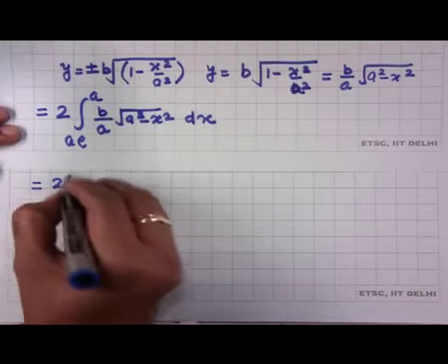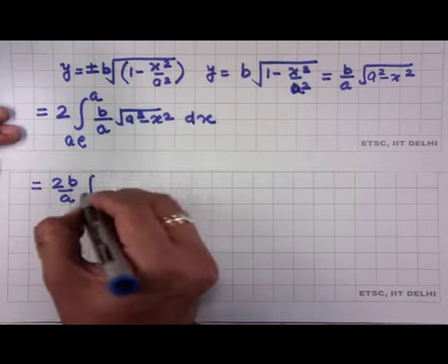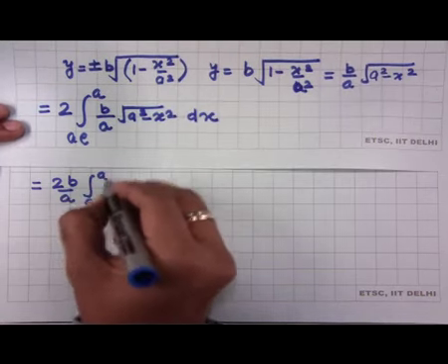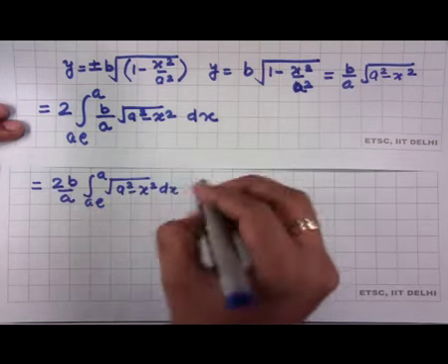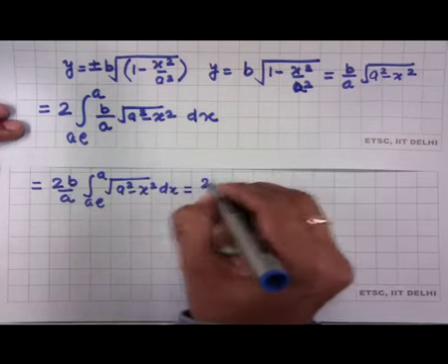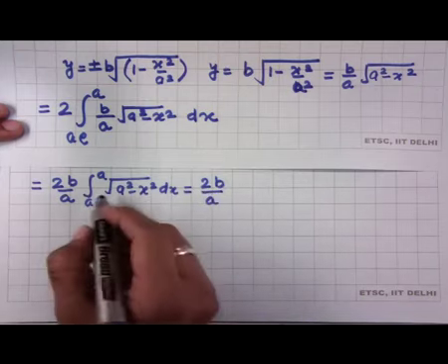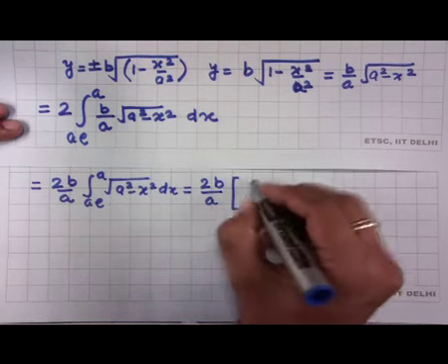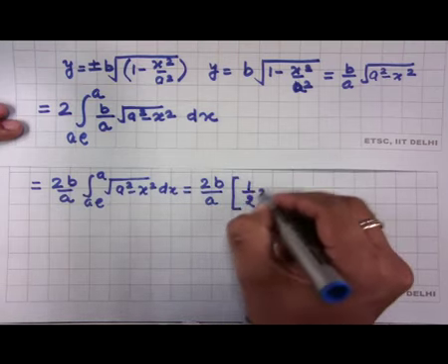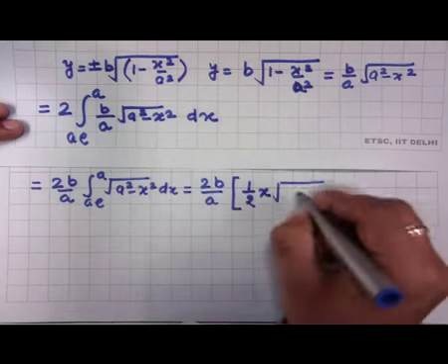We get 2b by a integral from AE to A of under root a square minus x square dx. This is a well known integrand and its value is known to you, so you can write the value directly.